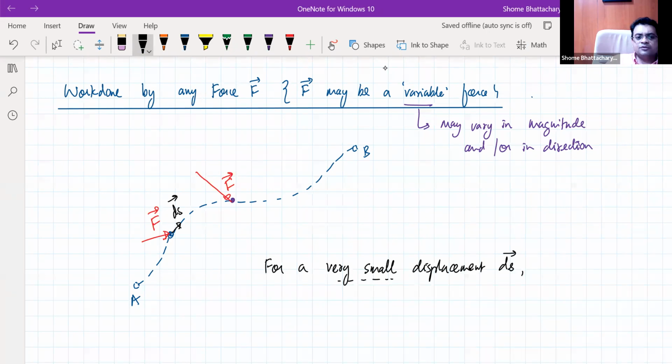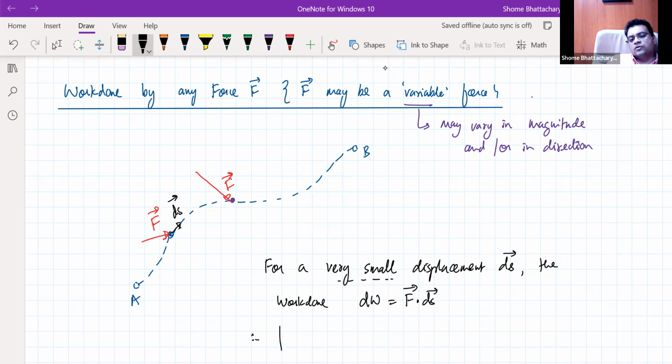The force might be changing from time to time, but for a very short interval of time, the force is more or less constant. Okay, so during that very small displacement ds, the work done by the force will be a very small amount, so we'll write it as dw, and that is F dot ds.